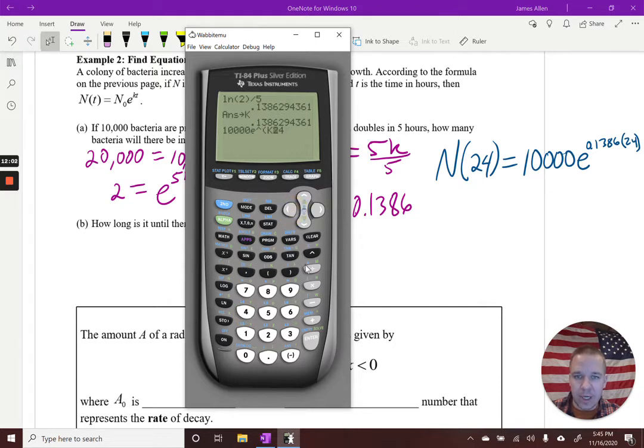I'm going to put multiplication. I don't know why. It just seems weird to me. It wouldn't matter, but I still want to put multiplication there. I think we got it all checked out. That looks good to me. Boom. We got 278,576.18 bacteria.